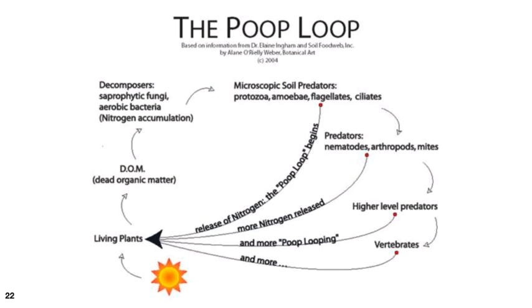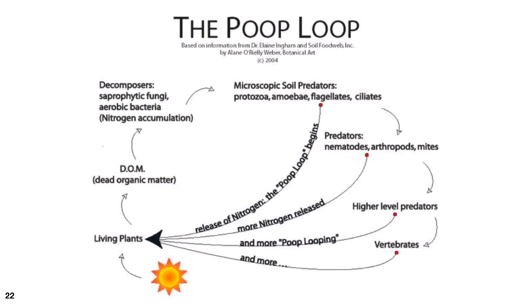So again, looking at this picture above the sun there, we've got living plants that break down into dead organic matter. That dead organic matter is then taken up by the second of the trophic levels in the soils, the decomposers, the saprophytic fungi, the aerobic bacteria, and they in turn accumulate nitrogen.